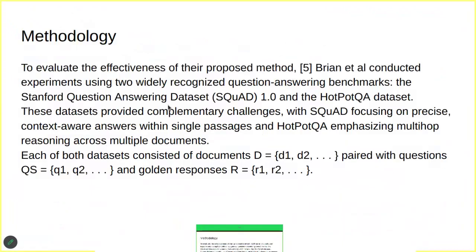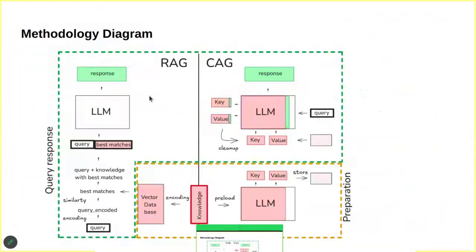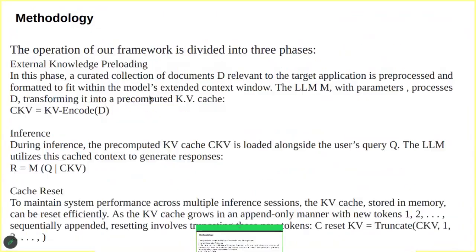And then they were paired with questions, which are Q1 and Q2. These questions are fed into the model so that we can get a response.